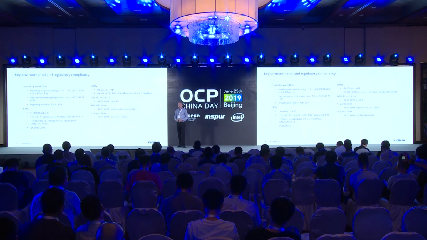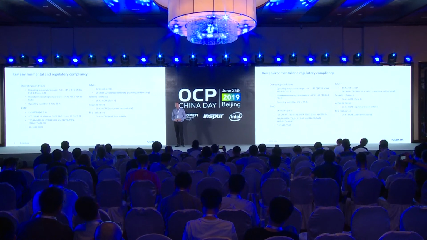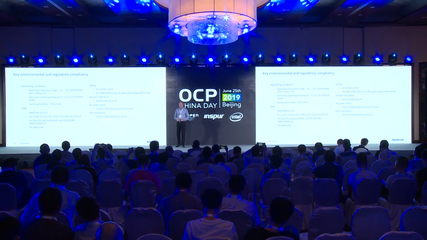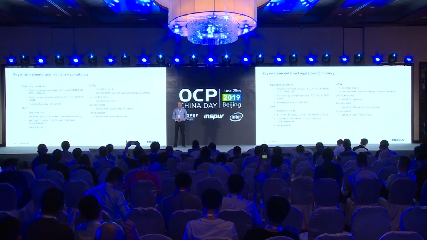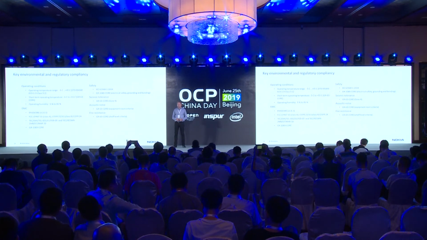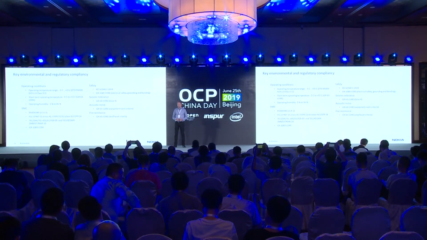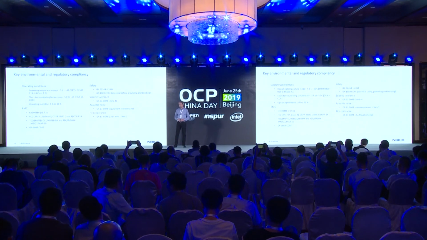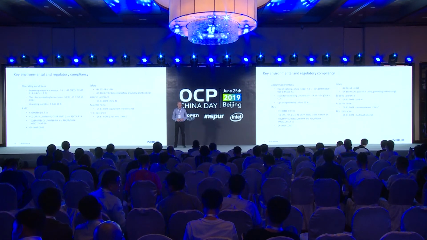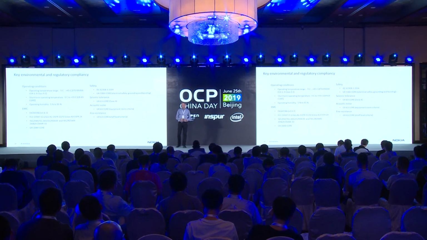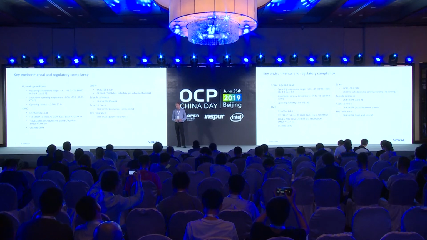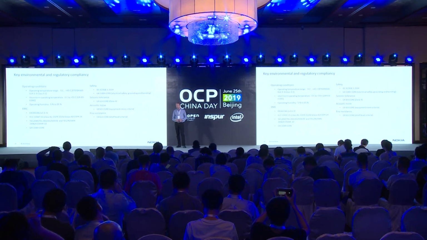And some key environmental specs are listed here. Like I said, the normal operating temperature range is from -5 to +45. And we are also supporting the NEBS short-term operating temperature range from -5 to +55. And of course, all EMC and regulatory requirements are met.